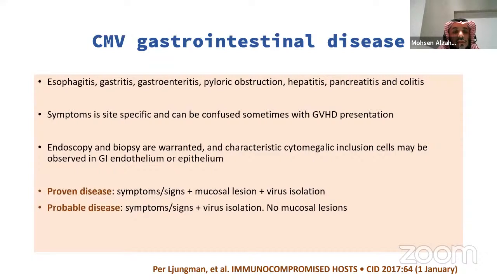So proven disease is when the patient has symptoms and signs plus mucosal lesion plus virus isolation on the biopsy. While for probable disease, there are symptoms and signs plus viral isolation, but on endoscopy, the endoscopist may not see any mucosal lesion, just maybe erythema.